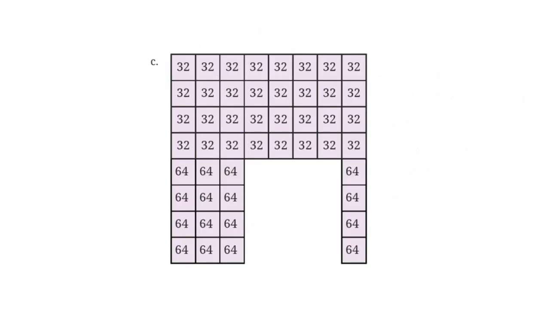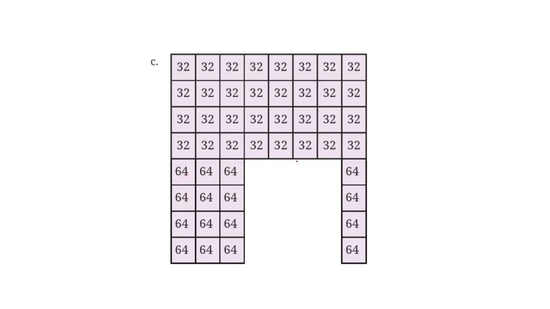Now this is the third figure. Notice something carefully. There are 1, 2, 3, 4, 5, 6, 7, 8, so more or less 8 columns in this, and how many rows? 1, 2, 3, 4, 5, 6, 7, 8, again.